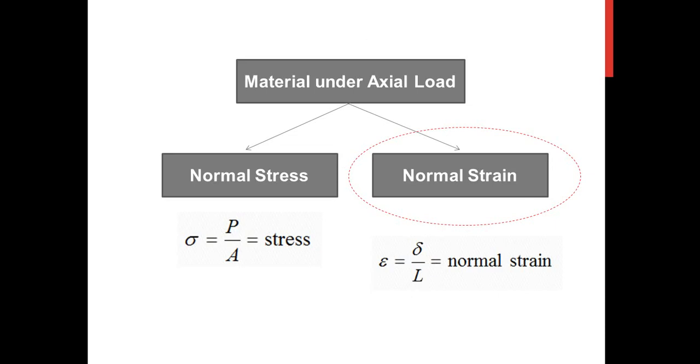The normal stress, represented by sigma, is equal to P over A, where P is the internal axial load and A is the cross-section area. Due to the axial load, the material will be subjected to the normal stress, and again the normal stress sigma is given by P over A.